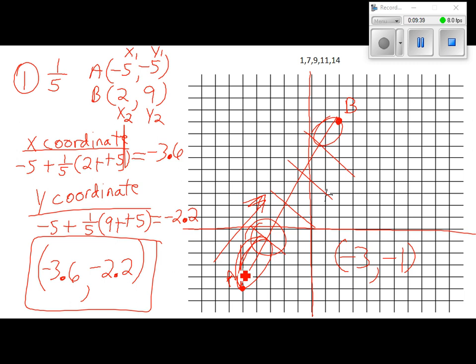When we're estimating something like that, the only thing we're really trying to do is make sure we're in the right general area. So if your answer had come up to be this, 10, 3, that's somewhere over in here, something's probably wrong. We probably messed up a sign or something.